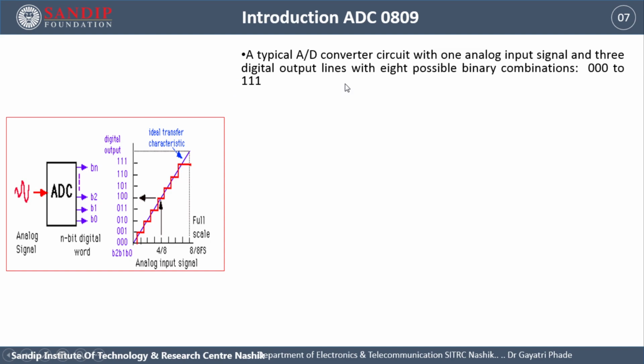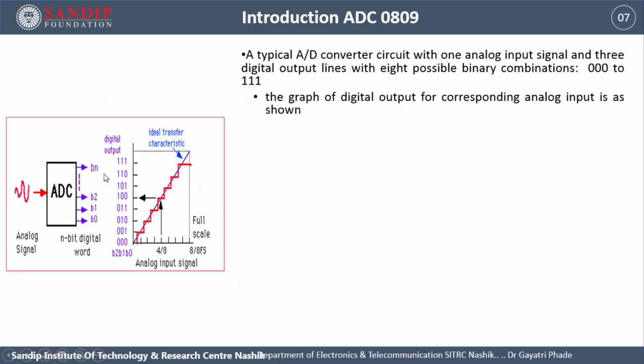A typical ADC circuit has one analog input signal and 3 digital output lines with 8 possible line combinations, that is 0,0,0 to 1,1,1. So 2 raised to 3 gives us 8 possible symbols starting from 0,0,0 to 1,1,1.